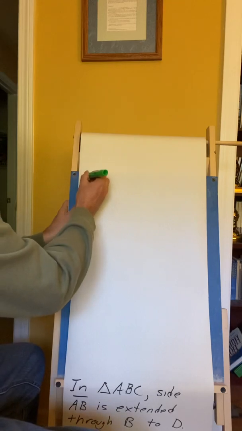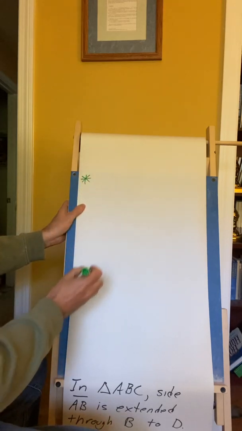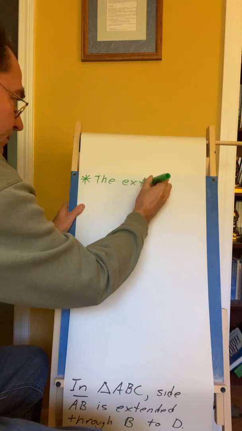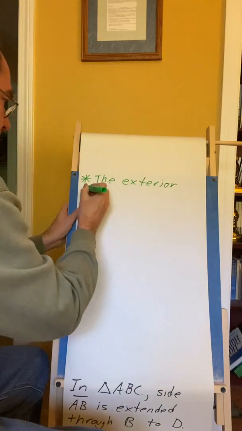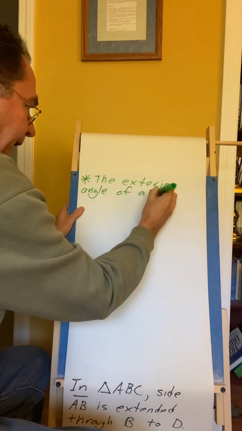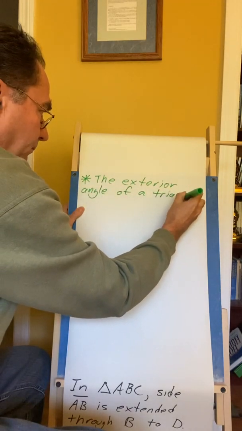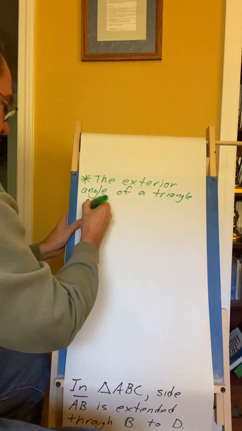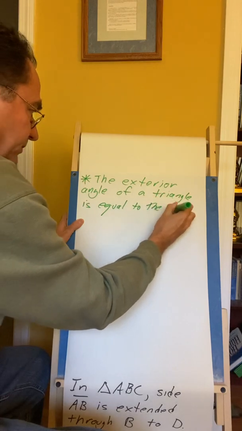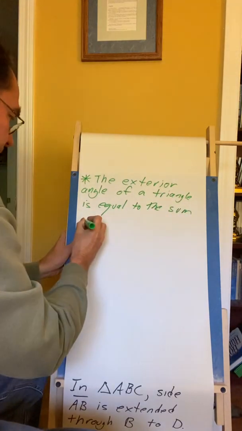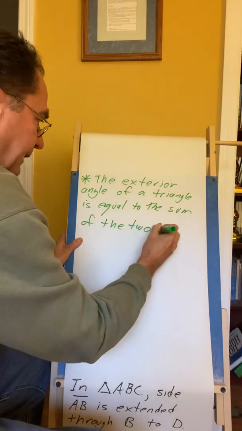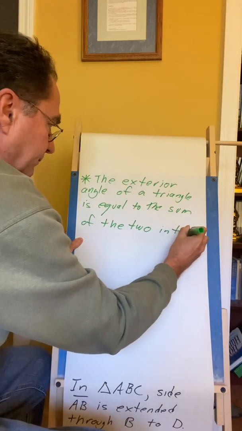This is the new fact you're learning today. The exterior angle of a triangle is equal to the sum of the two interior angles.